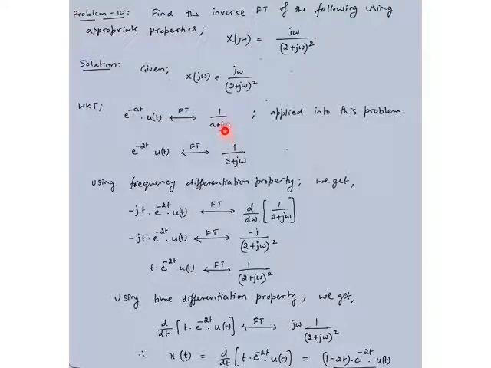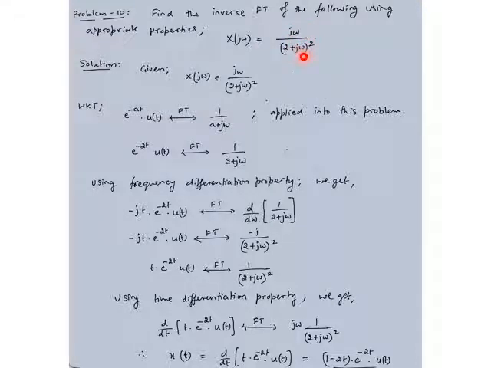If I take a equal to 2, then for e to the power minus 2t into u of t, the Fourier transform is now 1 by 2 plus j omega. So the term e to the power minus 2t into u of t has Fourier transform 1 by 2 plus j omega.